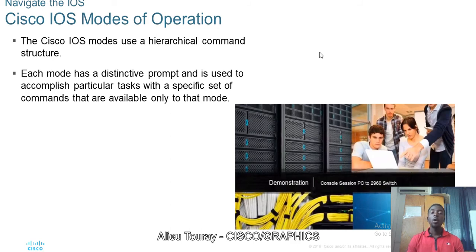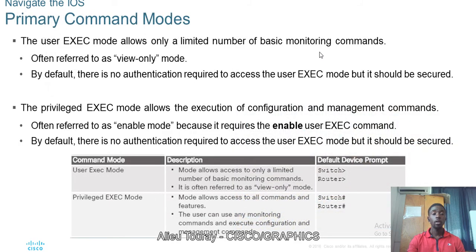There are other modes like the interface mode, the line mode, the router mode, DHCP mode, and ACL mode, but these modes are hierarchical in design. So Cisco's configurations are hierarchical, and all this will be explained when I'm doing the configuration, so you can know the difference.